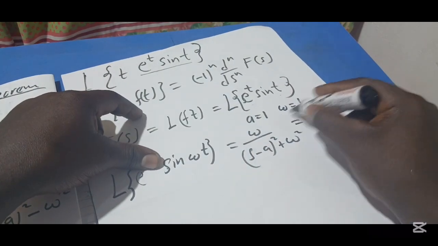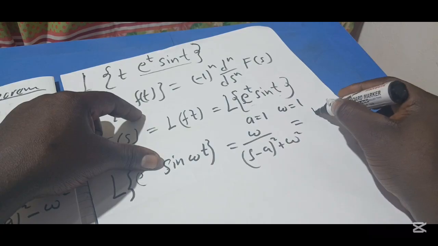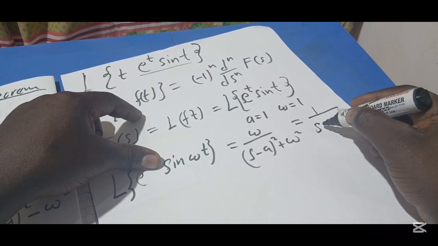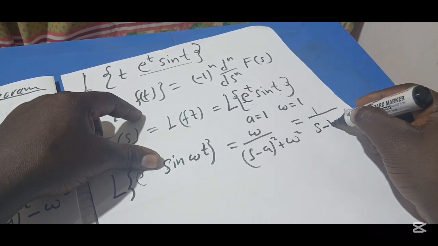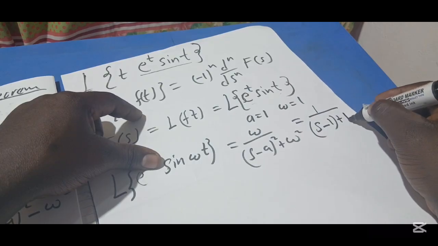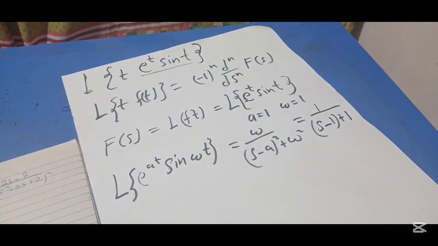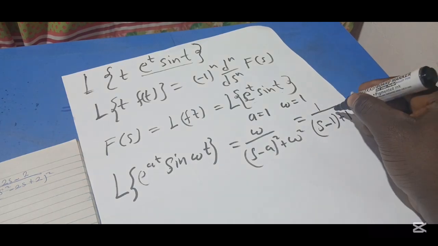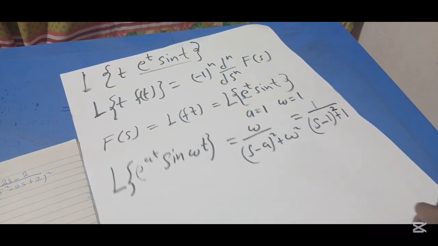So omega is 1. So we are writing 1 here all over s minus a, and our a is also 1. So omega squared, 1 squared is the same as 1. And don't forget to bring in the square here.